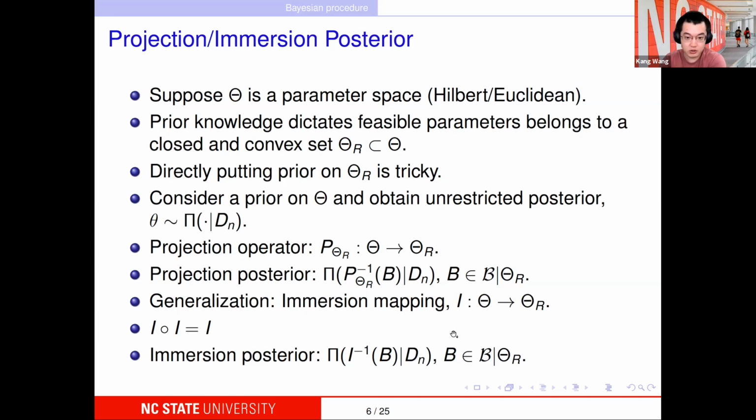The general immersion mapping we denote as I, from Theta to Theta_R, and a property inherited from the projection operator is that the composition of I with itself is still I. After we impose the shape restriction, the unrestricted posterior is reduced to the immersion posterior.